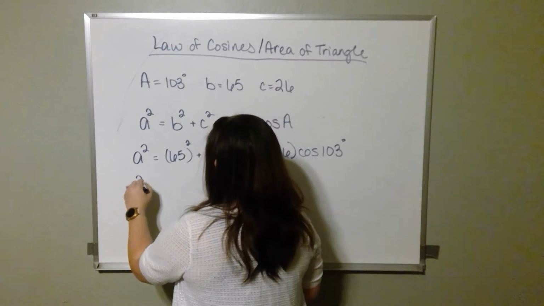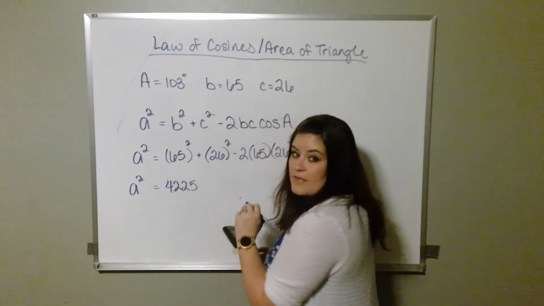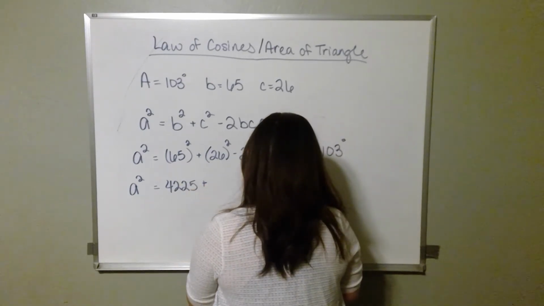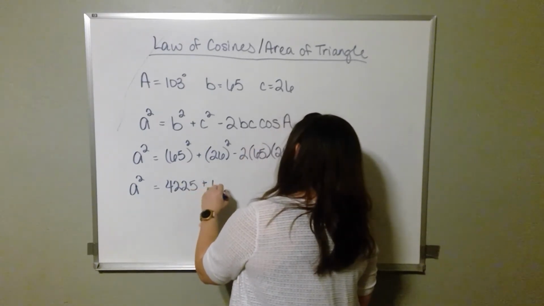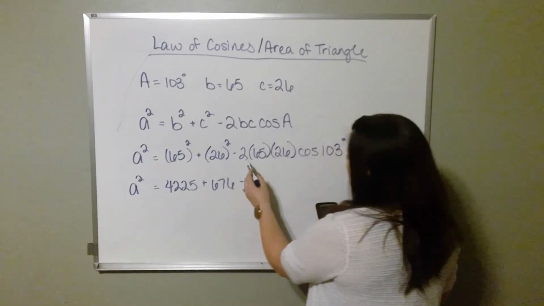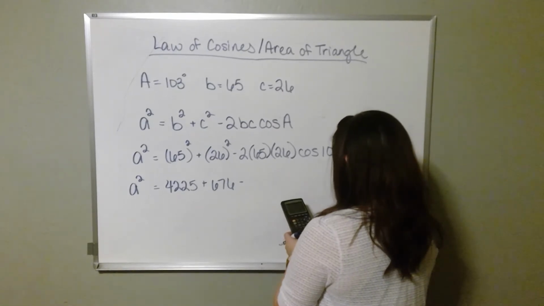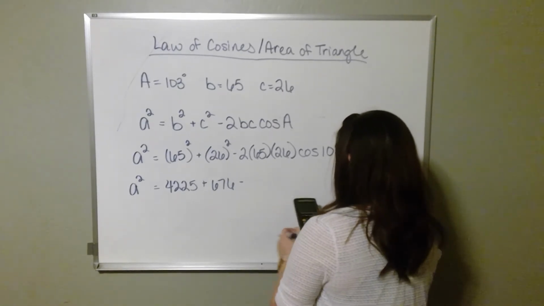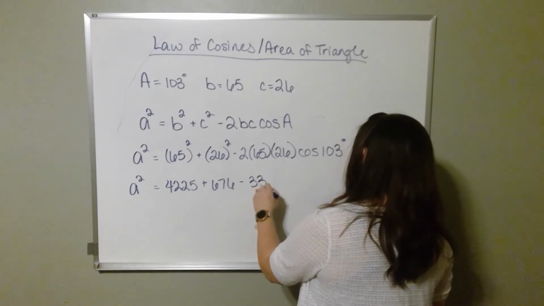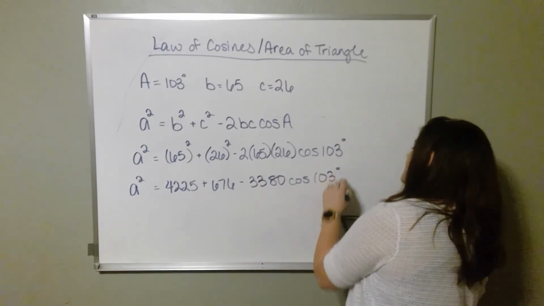So a squared equals 4225, that's 65 squared, plus 676, that's 26 squared, minus, I'm going to do these right here, 2 times 65 times 26, that's 3,380 times the cosine of 103.